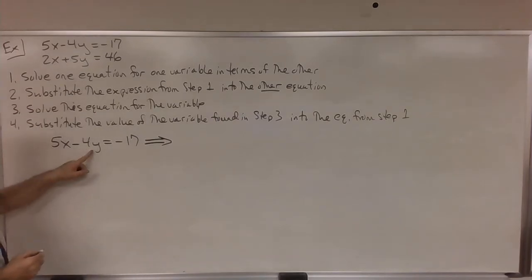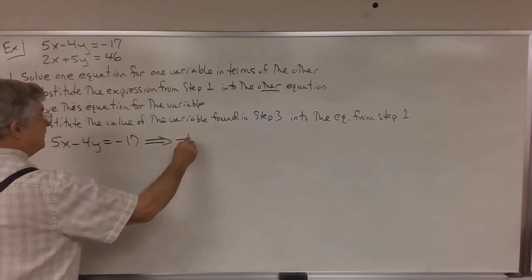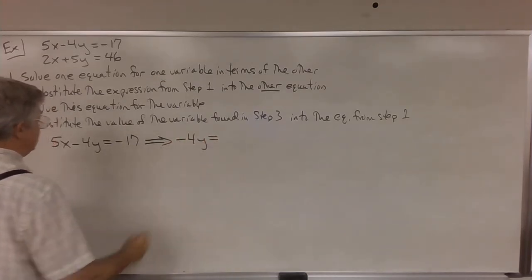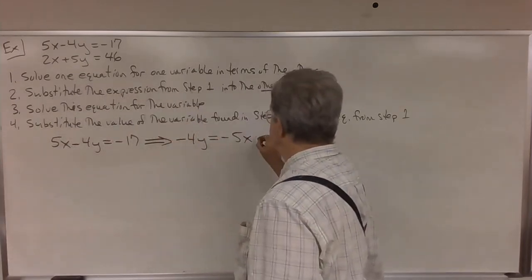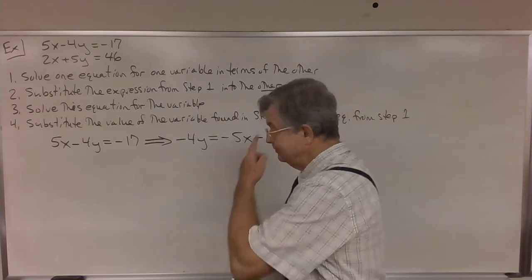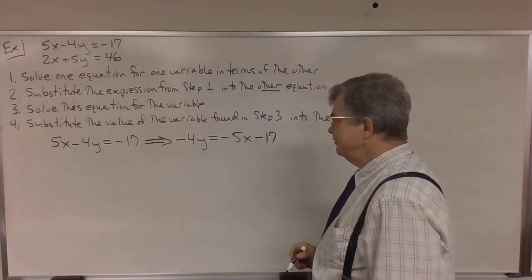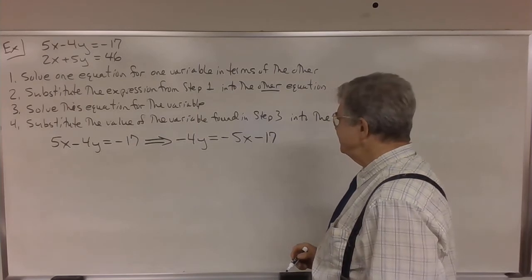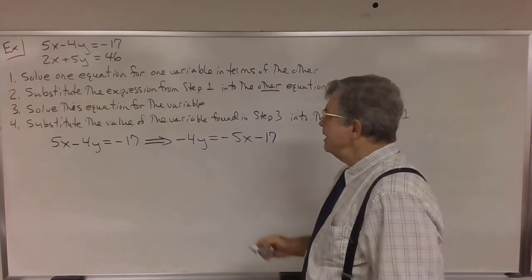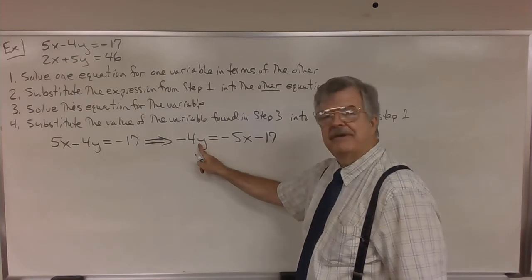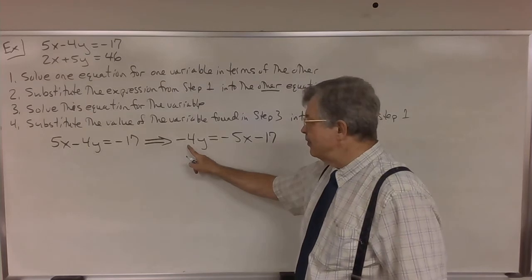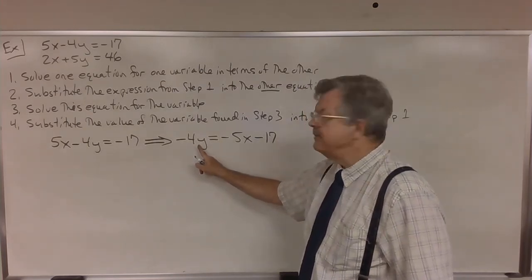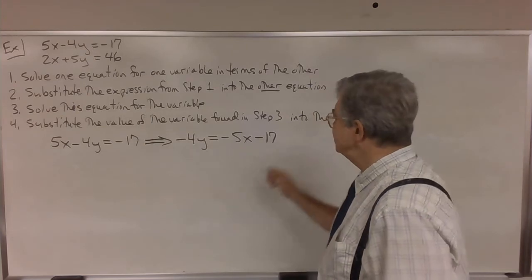So I'll keep y on the left and I'll move 5x to the other side. So I have minus 4y equals negative 5x minus 17. So does that look right? Yep, I think so. Now I actually have to solve for this variable, which means I want y on the left side, not negative 4y, but just plain old y. So I have to divide both sides by negative 4.